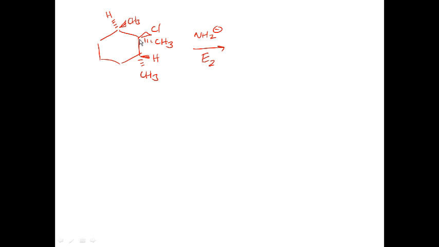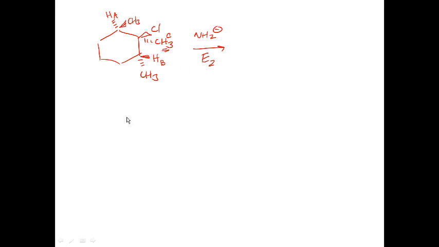How many beta hydrogens do we have in this system? Well, here's a beta hydrogen. Here's a beta hydrogen. And then it turns out that these are beta hydrogens as well on that CH3.